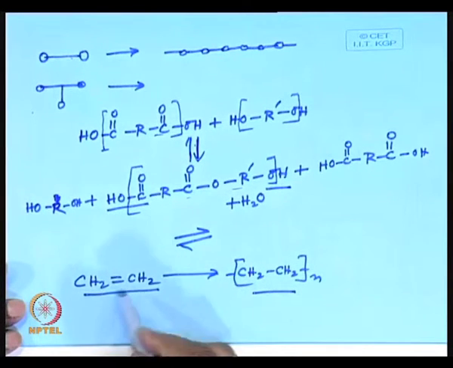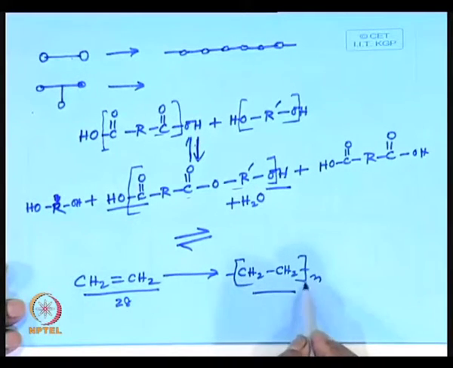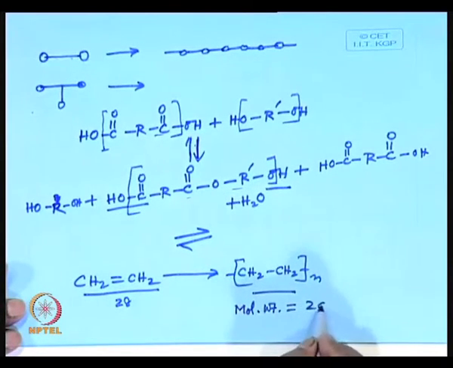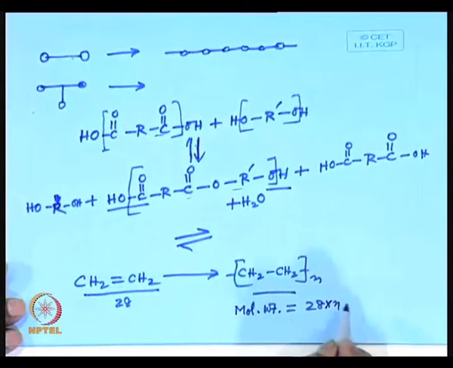Molecular weight of the monomer is here 28, and n units of mass 28 are present in the polymer chain. So, molecular weight in this case is very easy to calculate, 28n. If n is 50,000, that is the molecular weight. If n is 10,000, that is the molecular weight multiplied by 28.